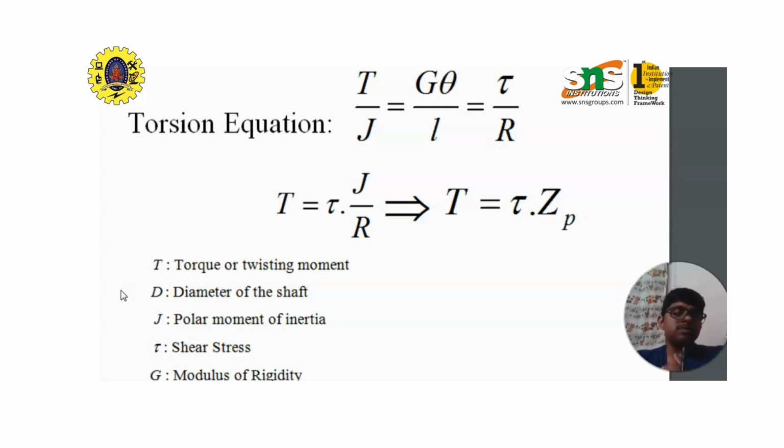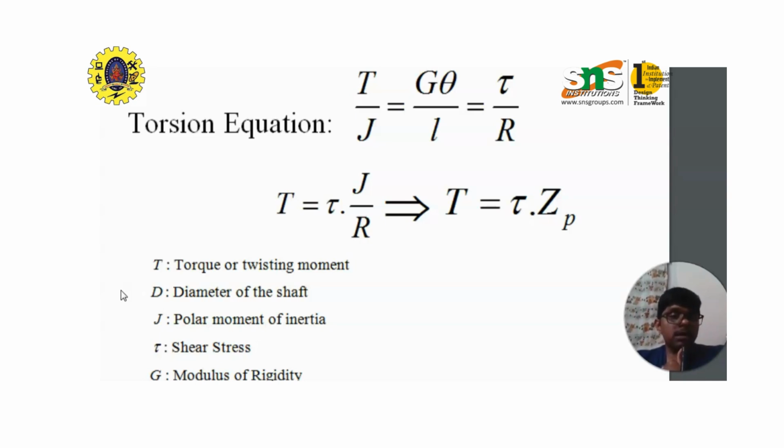Polar represents the direction of the rotation, either in the x-axis, y-axis or z-axis. Accordingly we need to analyze the motion.